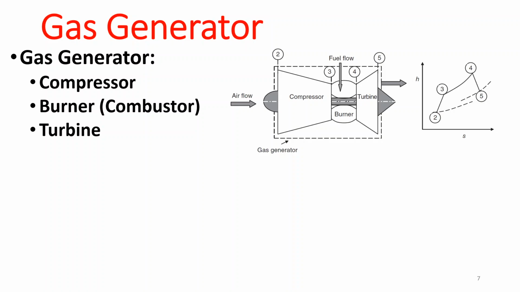Thermodynamic processes. We have a constant pressure process, isobaric, right? Constant temperature. What else do we have? Constant entropy, right? Adiabatic, right? Okay, so this is adiabatic, meaning that there is no heat input, right?